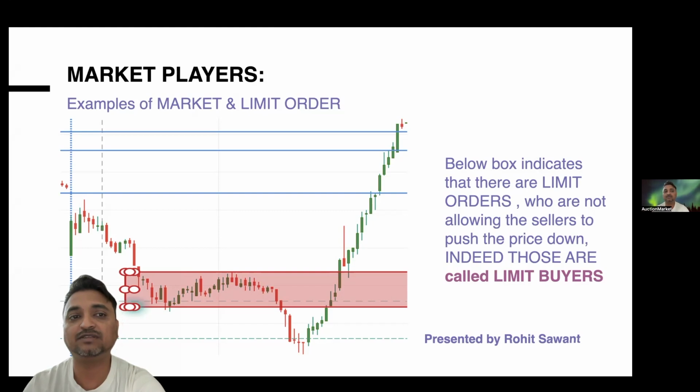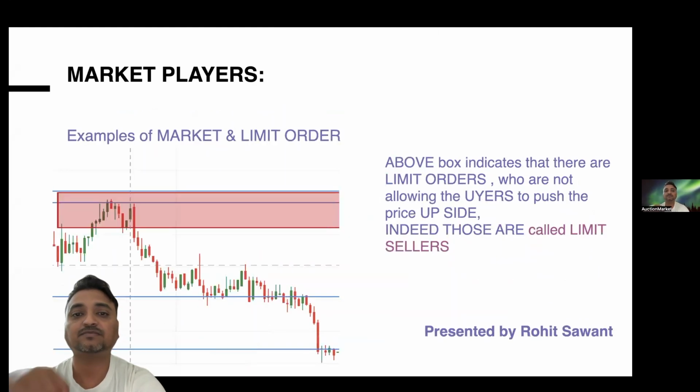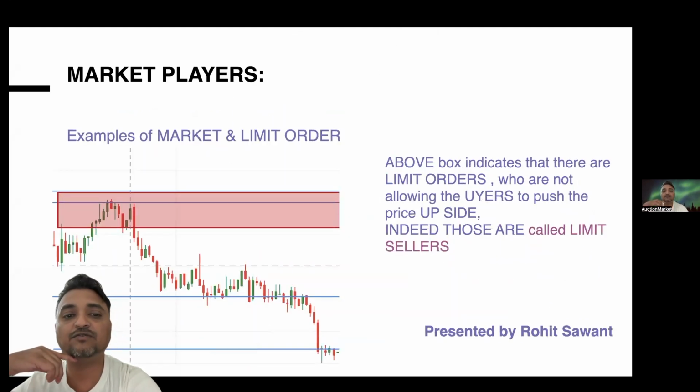Let me go to the next one. This is a very good example of limit sellers trying to absorb the market buyers at the resistance. They're not allowing the price to move ahead. Why? Because the limit sellers have already placed their orders far ahead before the market started.